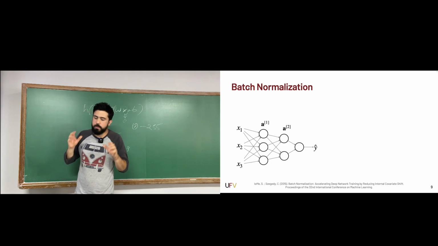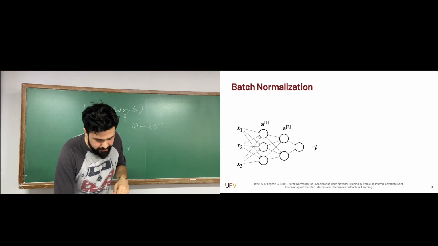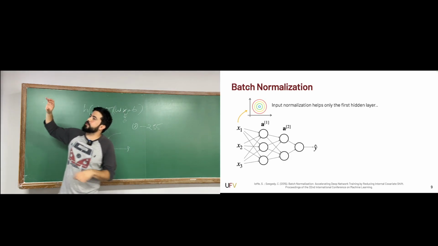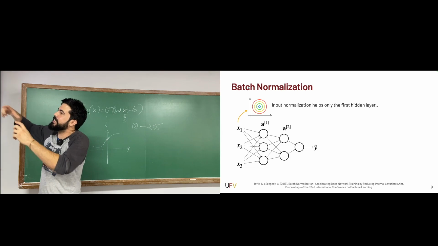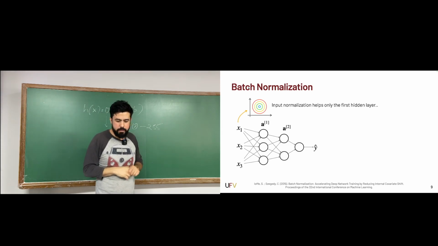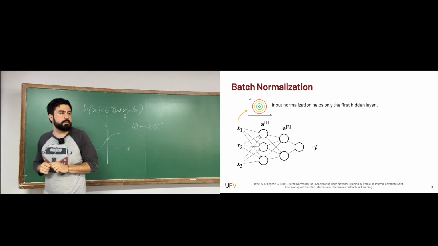So here's the motivation for batch normalization. When we do input normalization, we're rescaling your data and getting that very nice looking loss curvature, okay? But that only helps your first hidden layer.